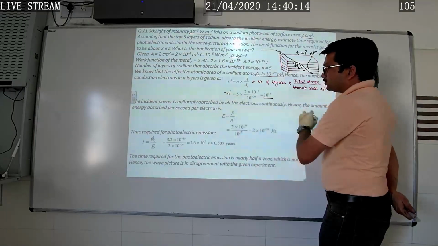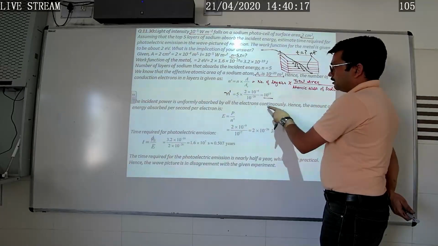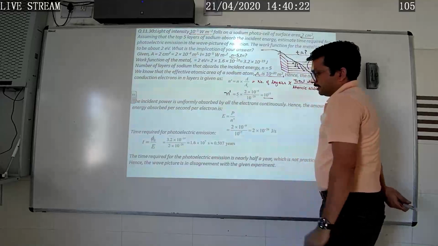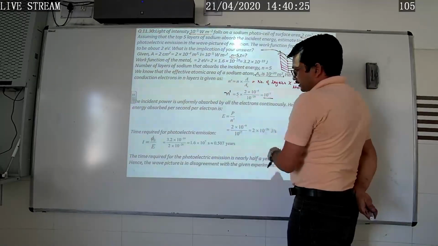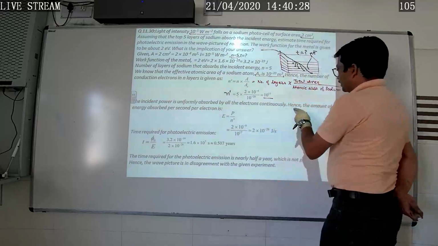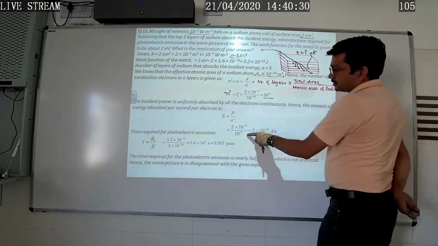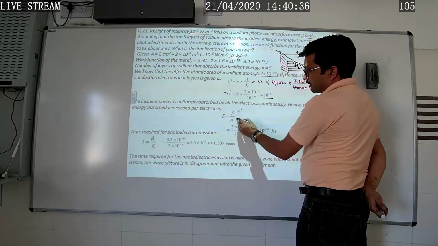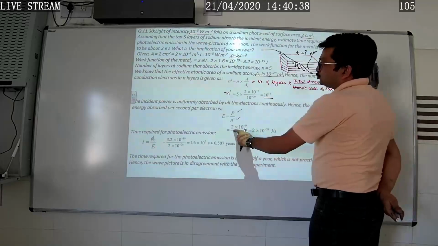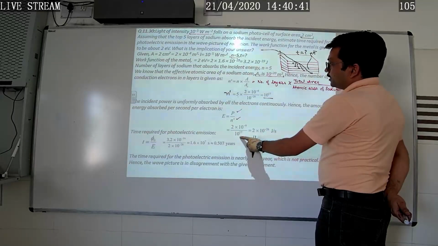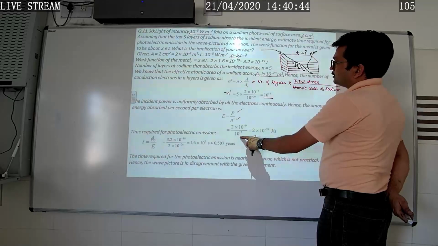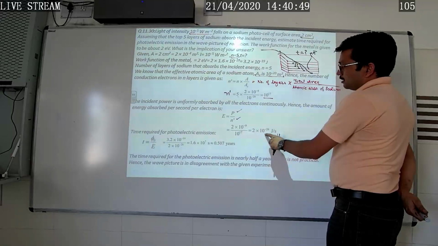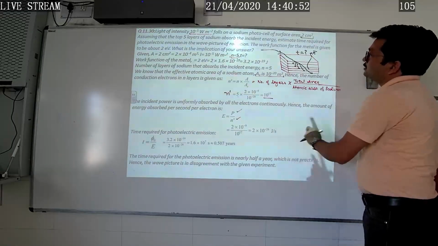The amount of energy absorbed per second will be calculated by P divided by N. So that is 2 into 10⁻⁹ divided by 10¹⁷. So we got 2 into 10⁻²⁶ joule per second.